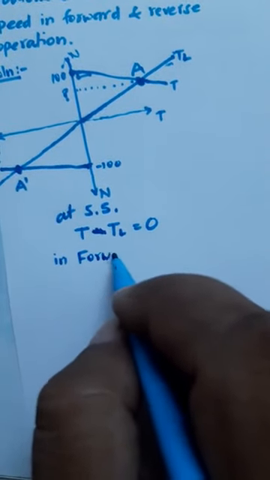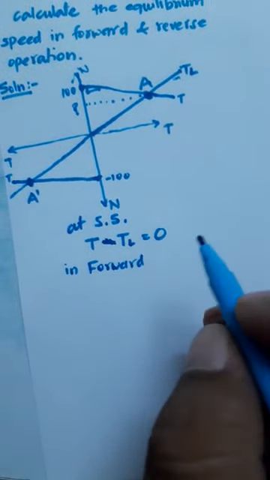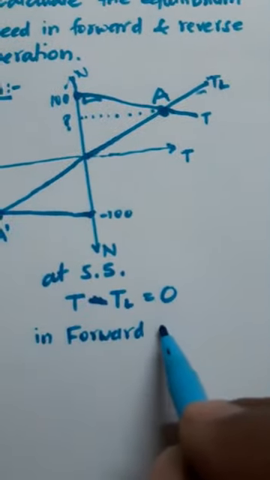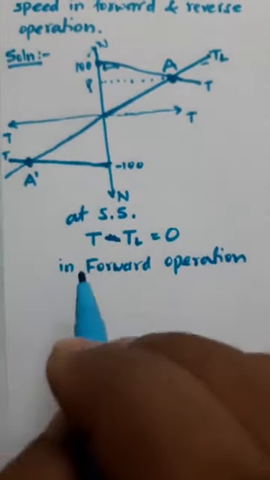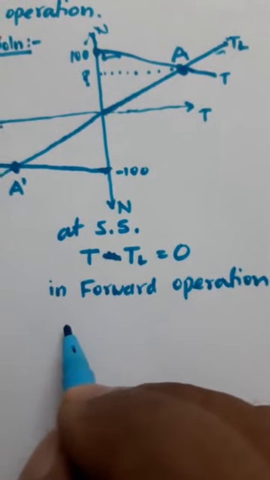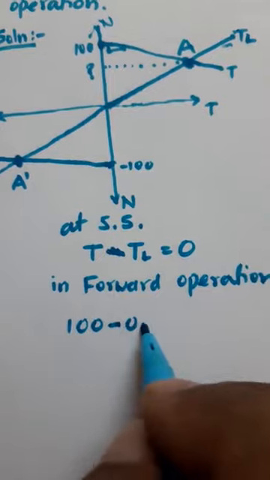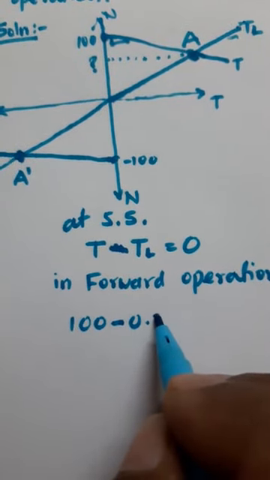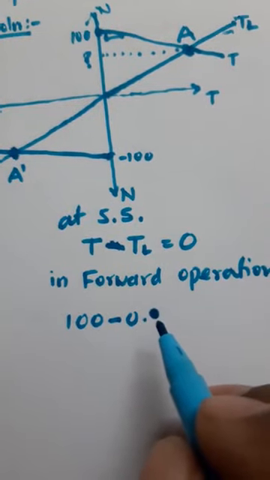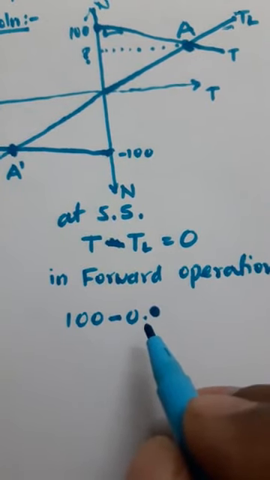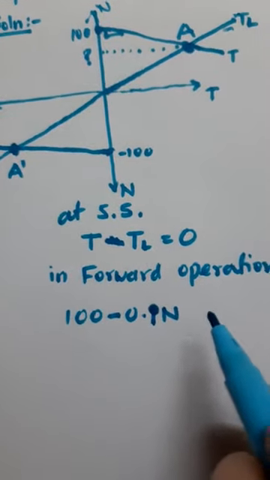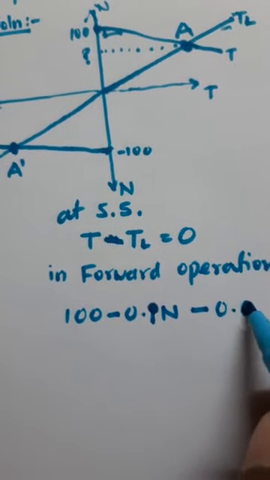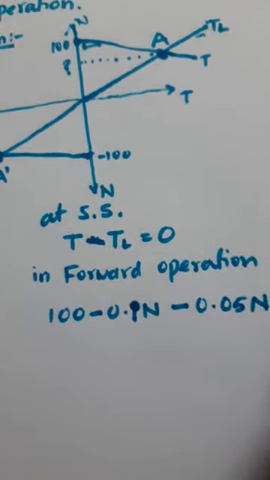Now in forward direction operation, we can substitute here T. Equation of T is 100 minus 0.1 n minus 0.05 n equals to 0.